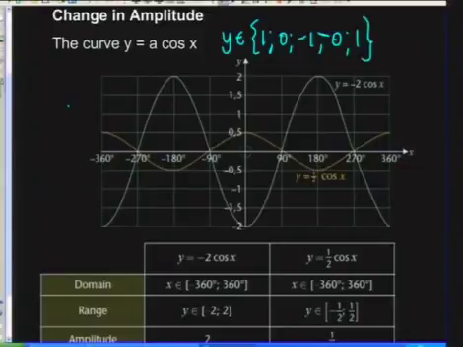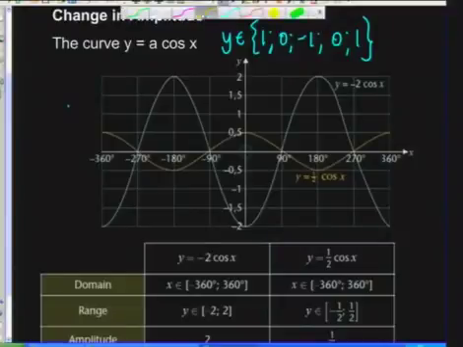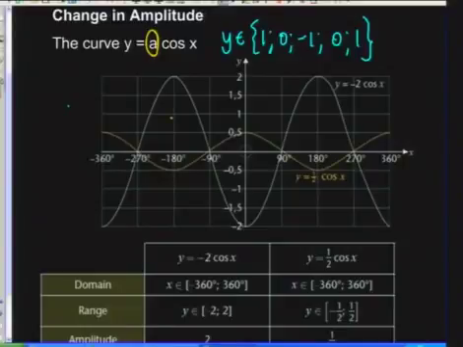And this is not meant to be a little negative here. That's a 0. So if we now have this a value that we're multiplying the cos by, you would take your critical values or your quadrant values and you would multiply it by a. So in this case, we've multiplied it by -2, and in this case, we've multiplied it by half. So we've taken half of those values.